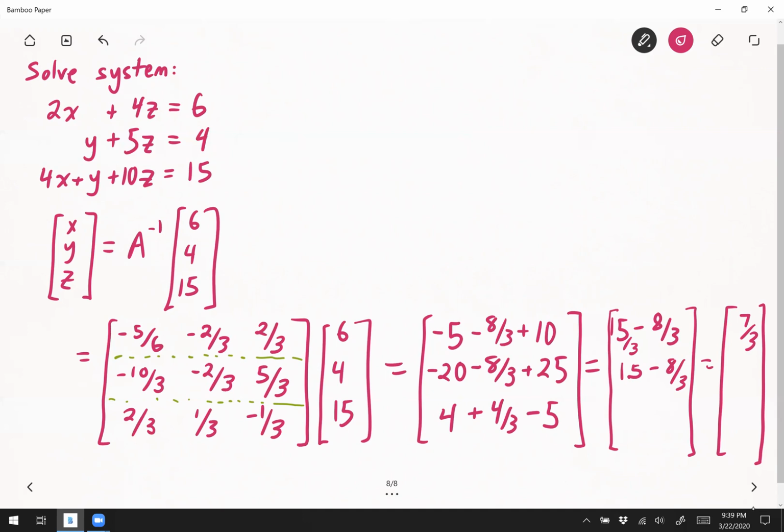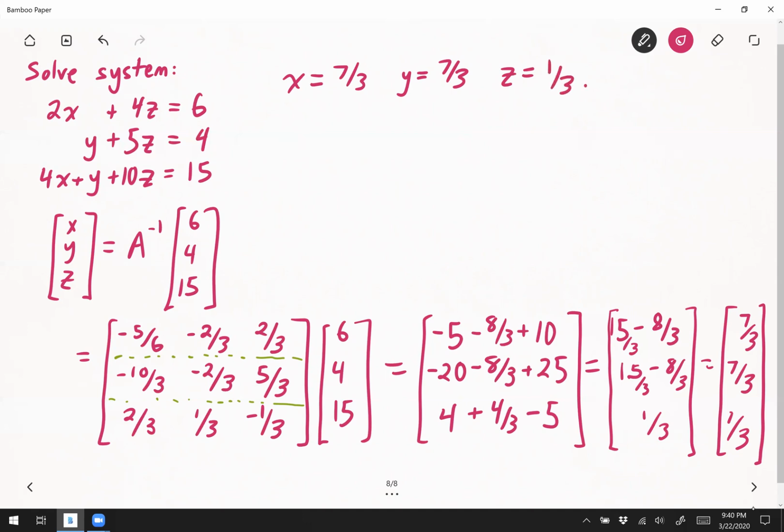Well, that seems familiar. Same thing as 15/3 minus 8/3. Once again, 7/3. Here we have 4 minus 5. That's negative 1. 4/3 minus 1. That's 1/3. All right, so we claim that the solution is x equals 7/3, y equals 7/3, and z equals 1/3.